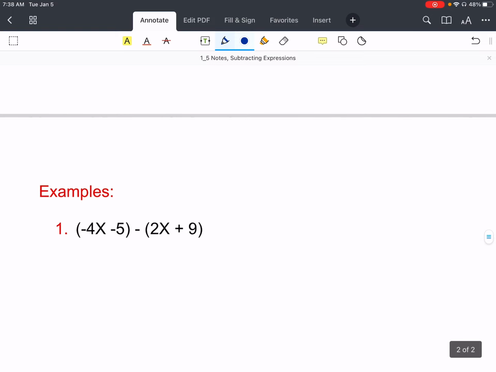So here is one of the very basic examples. We have two terms that we're adding together, and we have a -4x minus 5 minus 2x plus 9.